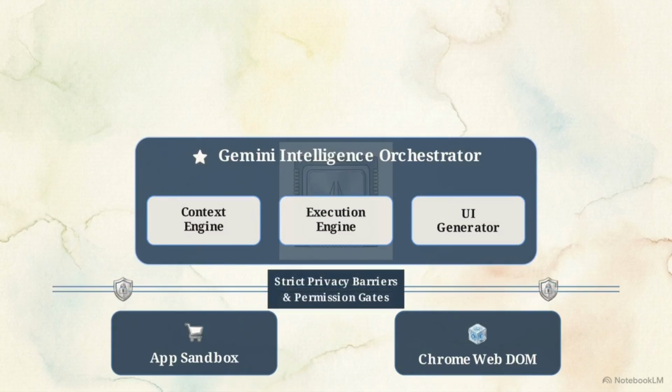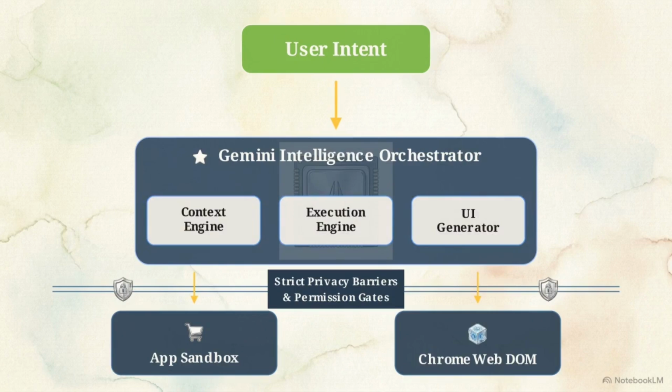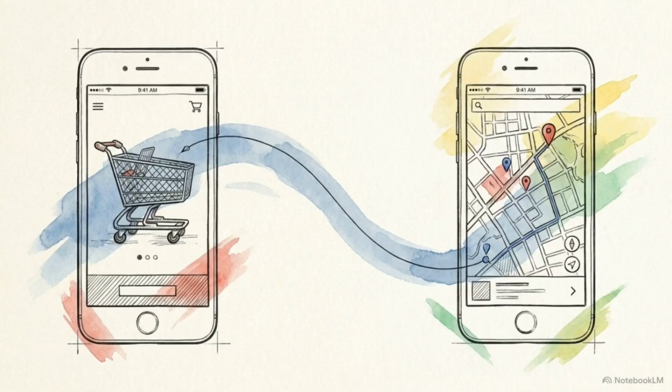Separating these layers are strict privacy barriers and permission gates. Finally, the top layer is the user, whose intents and inputs cascade downward into the system. The middle intelligence layer ingests the environmental data and cleans the unstructured user input. It then executes multi-step workflows across applications on the user's behalf.